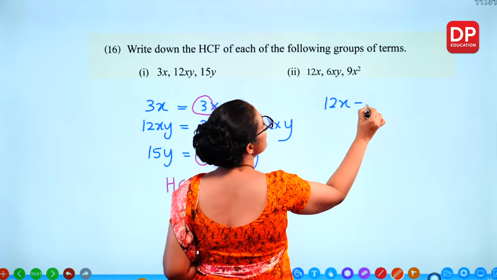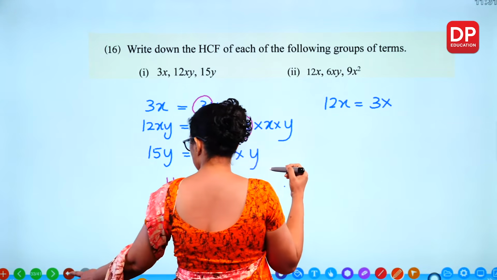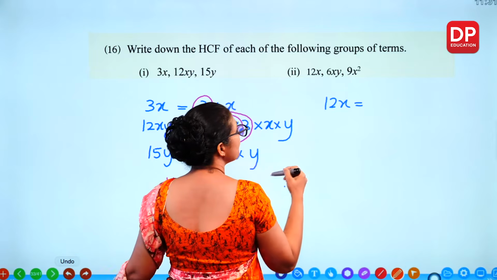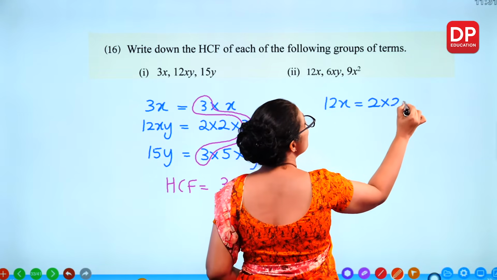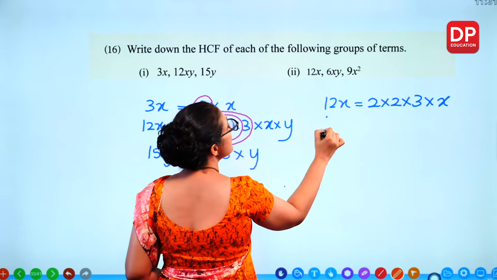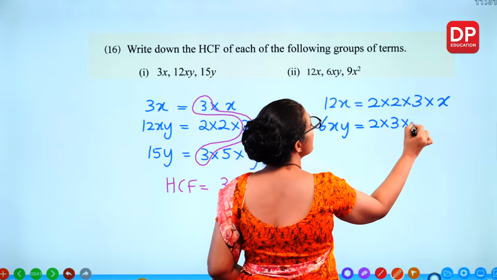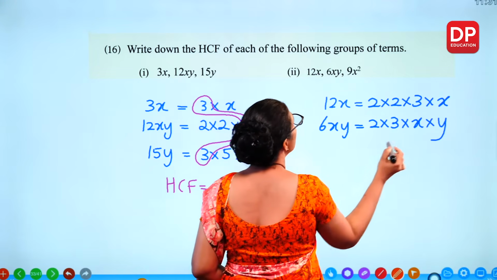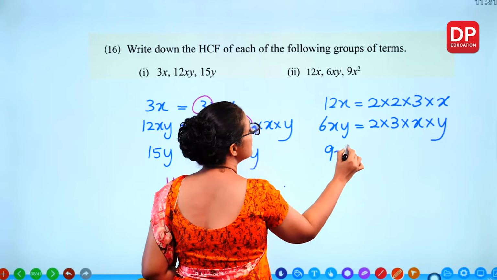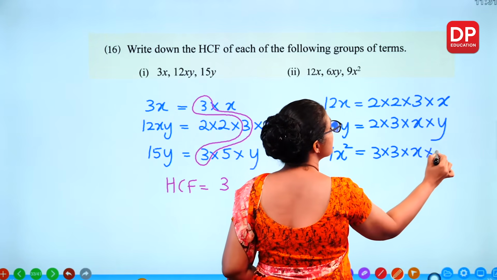This one, again find out the factors separately. 12x, 3 times, I'll write starting from 2. 2 times 2, 4. 4 times 3, 12. 6xy. 2 times 3, x and y. 9x squared. 3 times 3, x and x.